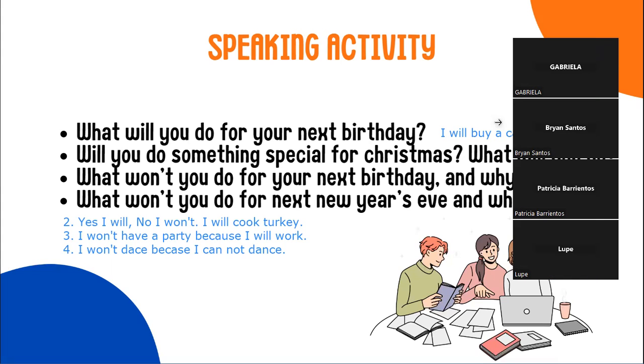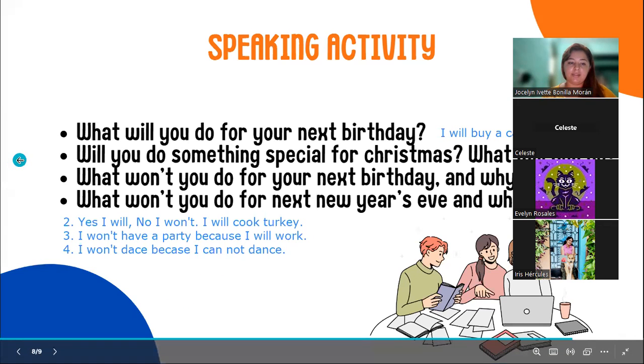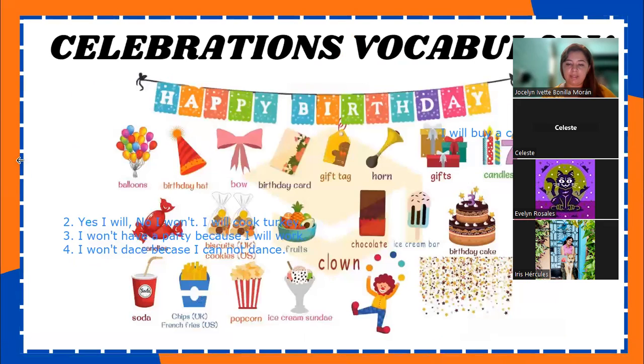Good. And I will buy the decoration. I don't know, no sé cómo se pronuncia. Decoration for my mother. For example, balloons. No sé cómo es que se llaman esos que se ponen en las cortinas. So maybe we have it here. Let me see.